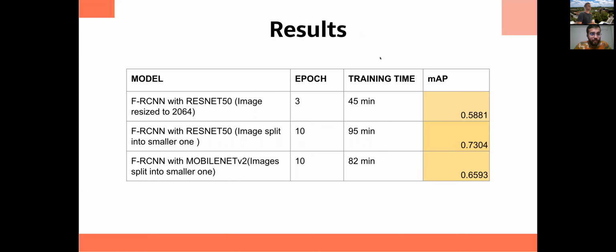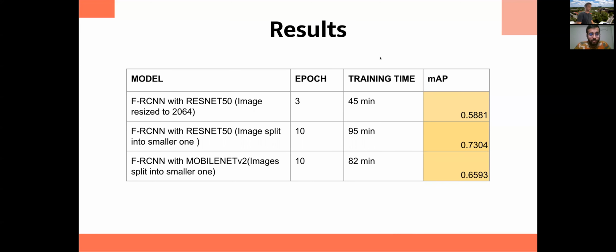So in the final results, we have the model, epoch, training time and mean average precision for each model. We had 3 different iterations. One was Faster RCNN with ResNet on larger images, then Faster RCNN with ResNet on smaller split images, and the same with MobileNet V2.